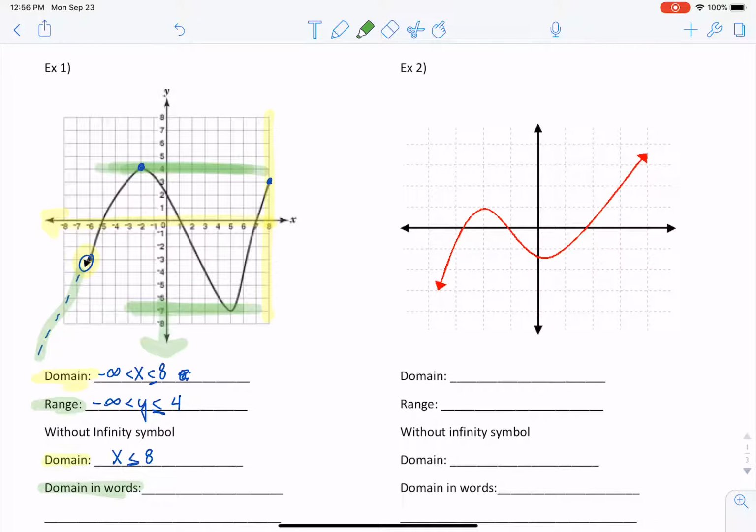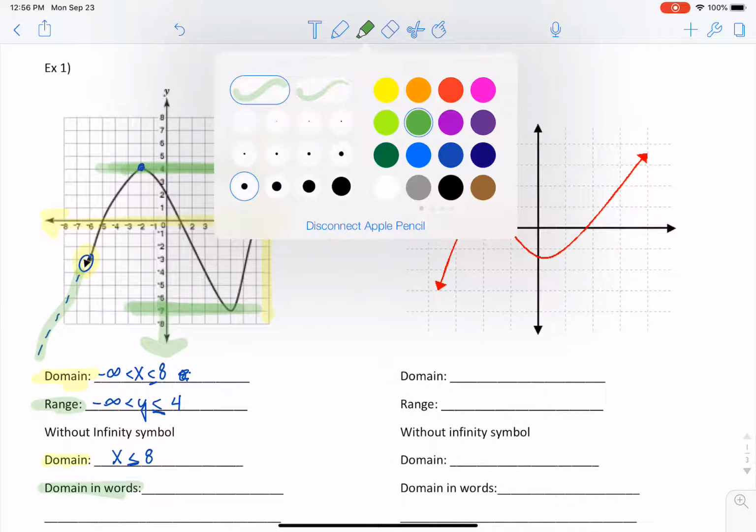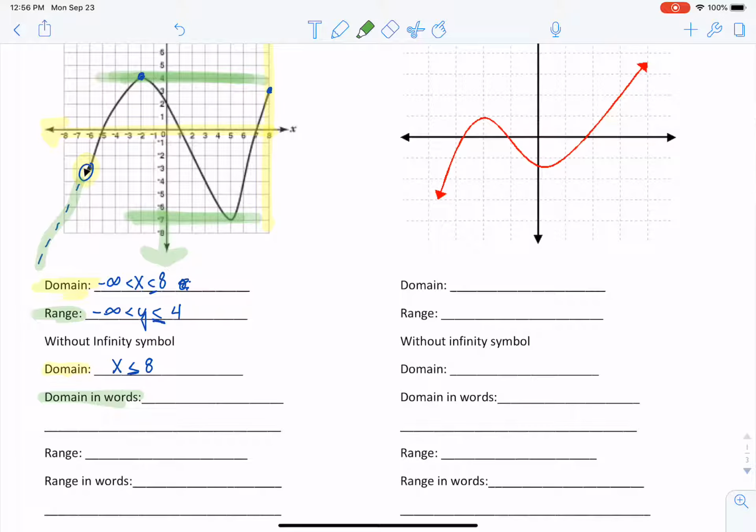Then to write it, my bad, hang on. To write it in words, this one, without the infinity symbol, let me erase that. So the range without the infinity symbol is all the y values less than or equal to 4.